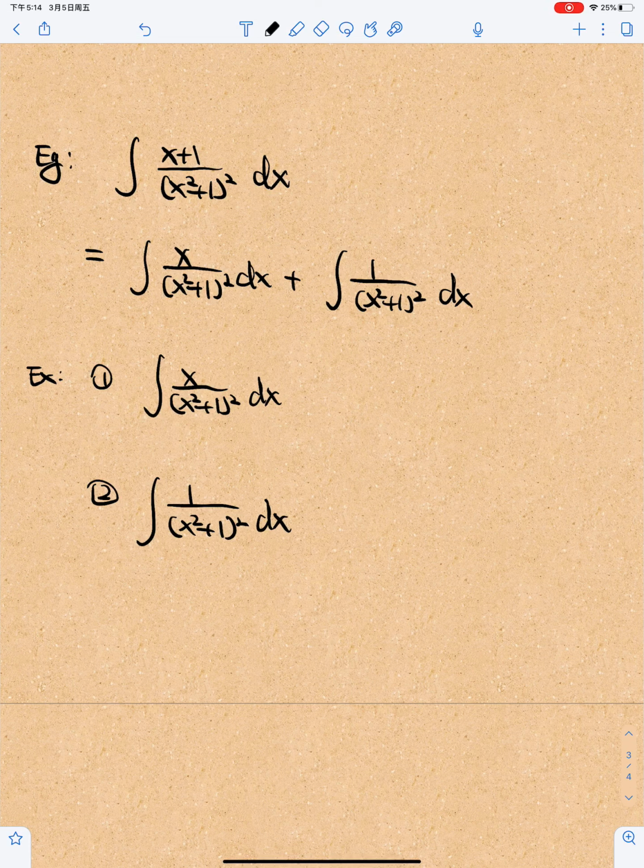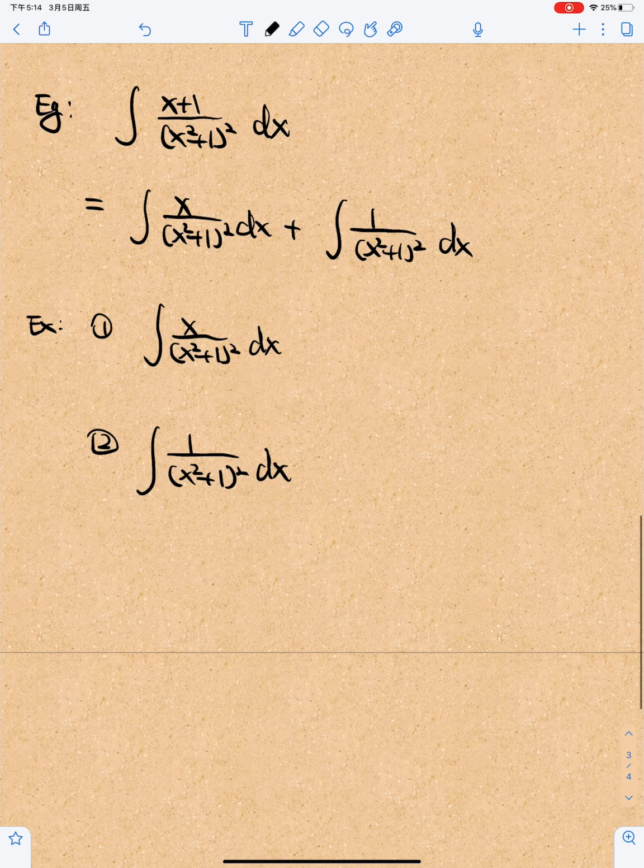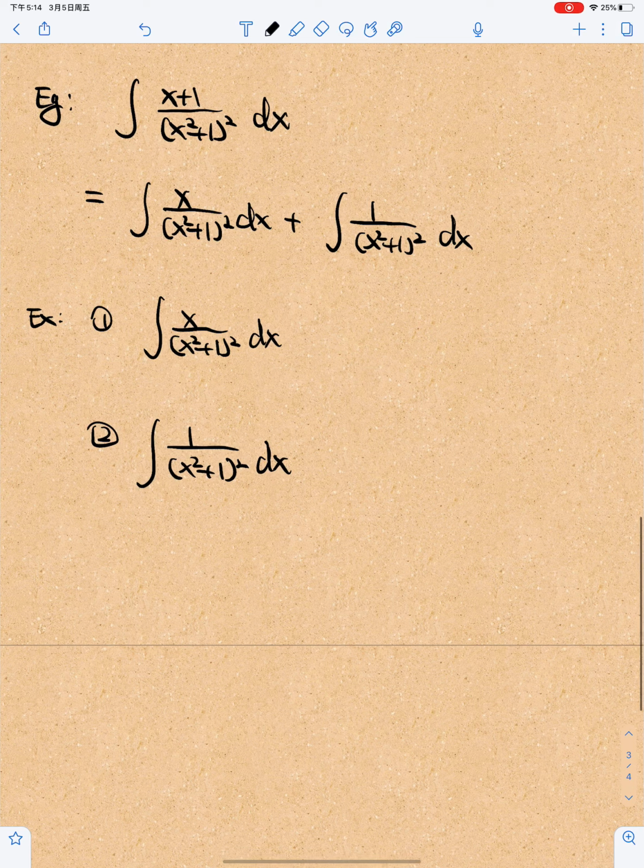The first integral should be pretty easy. I don't need to give any hints on that. And for the second one, you should try to use the trig substitution by setting x equal to tangent theta. So try this trig substitution and see what you get. You will be able to find the answer pretty shortly.